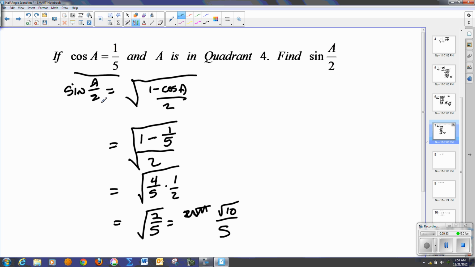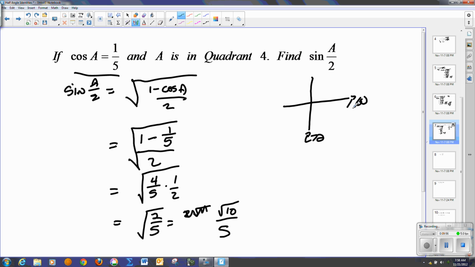We're in the fourth quadrant, all right, and we're trying to find half of an angle in the fourth quadrant. So let's take a peek. Here's an angle in the fourth quadrant anywhere. So I'm basically between 270 and 360 degrees.